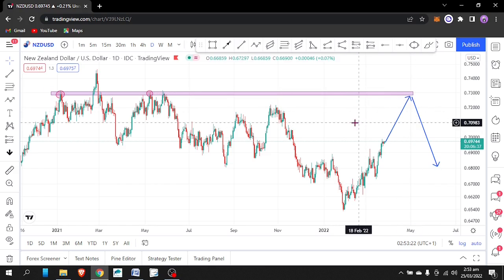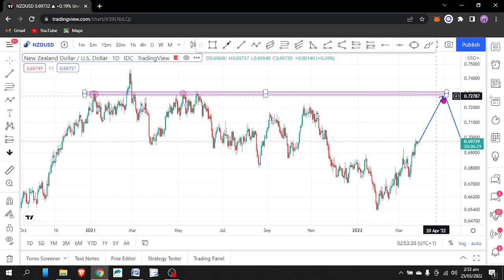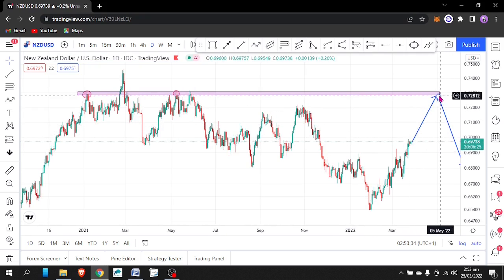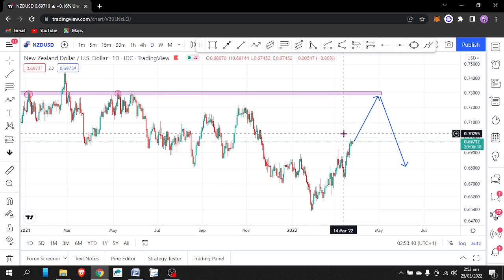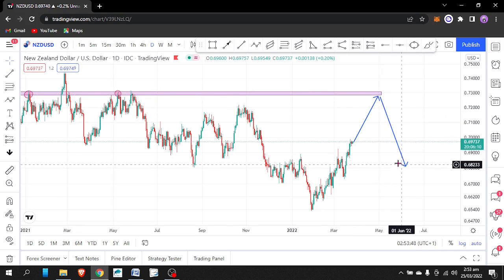I told you that this is all collective human behavior, and if a lot of people see this zone and they know that if price reaches this resistance zone, buyers will take their profit, then the buyers will no longer have strength to continue pushing the price up. Then we'll have sellers pushing the price down.